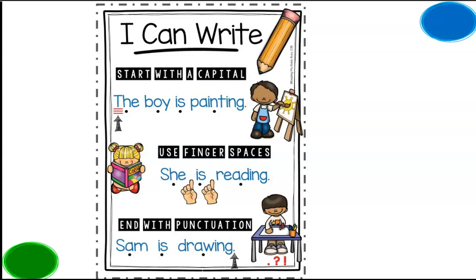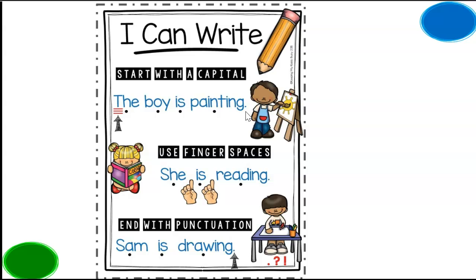But before we begin the paragraph, or before we begin our writing, let's talk about sentences. When you see a sentence in a story, the first letter is always capitalized. It's a big letter. All the rest of the letters are lowercase unless it's a proper name, like your name, okay?